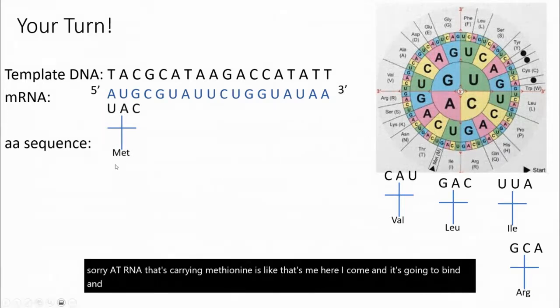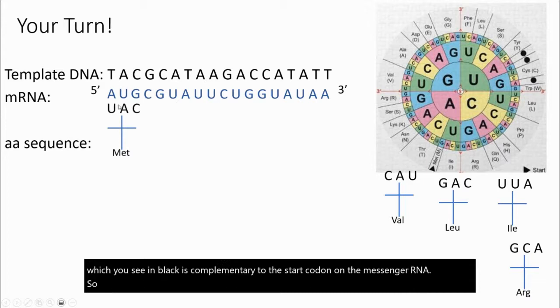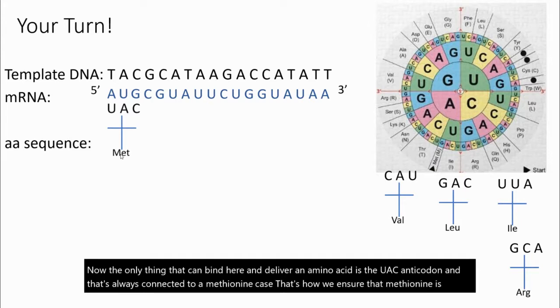The reason that methionine gets dropped off is because the anticodon of the tRNA, which you see in black, is complementary to the start codon on the messenger RNA. So the only thing that can bind here and deliver an amino acid is the UAC anticodon, and that's always connected to a methionine. Okay, so that's how we ensure that methionine is going to go first.